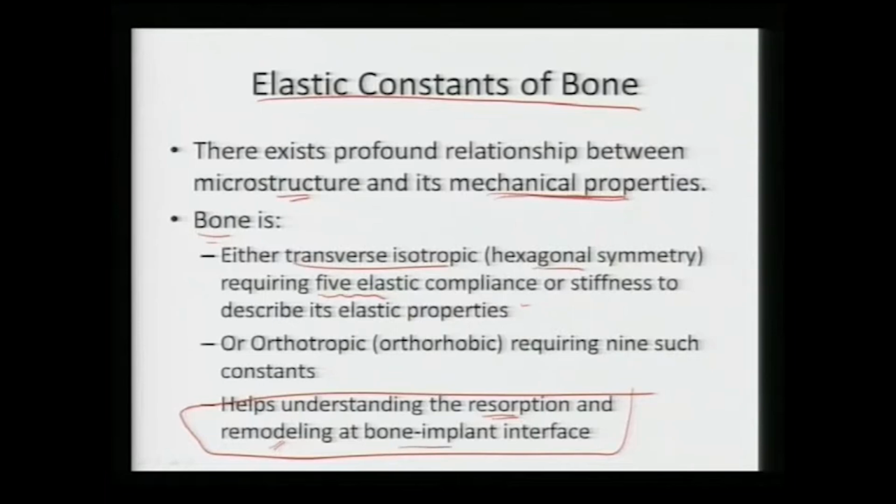So the first critical thing is that the microstructure has a certain dependence on the resulting mechanical properties, and bone we can consider either as transverse isotropic because of its hexagonal symmetry, or as orthotropic, requiring 9 components of elastic compliance or stiffness.